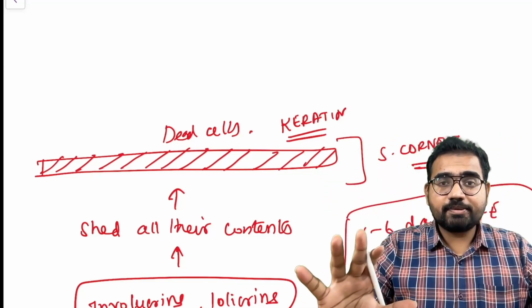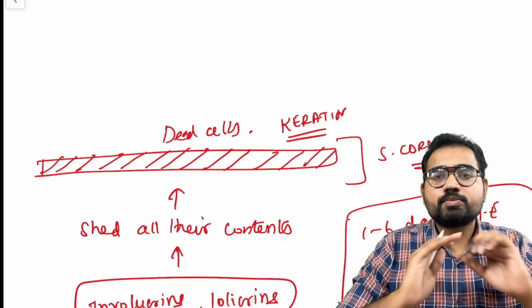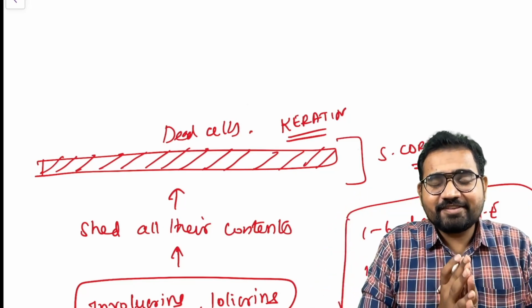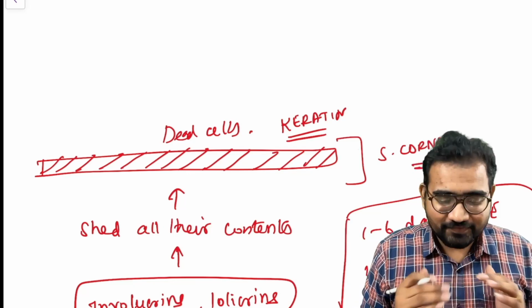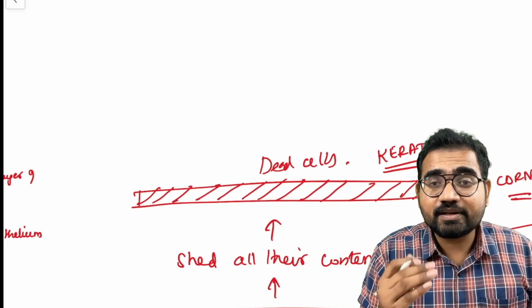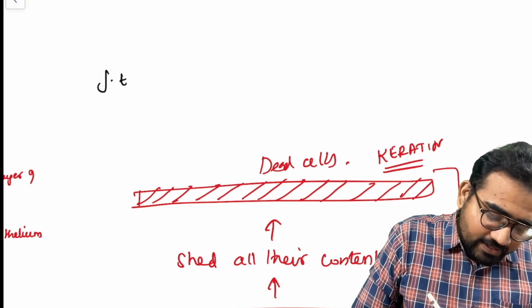This is what a keratinized epithelium will look like. It will have the topmost layer keratin, which is nothing but a dead cell layer, a waterproof layer. Now what is the significance to the oral cavity? Very simple. The junctional epithelium and the sulcular epithelium are non-keratinized.